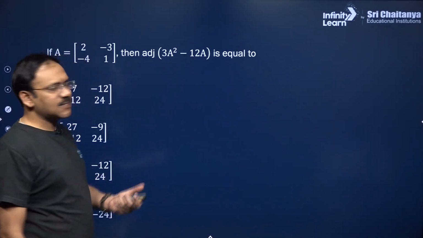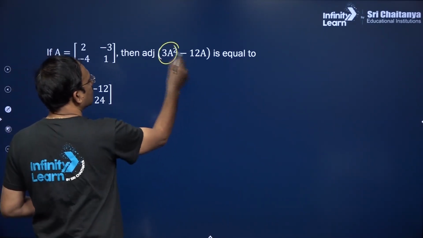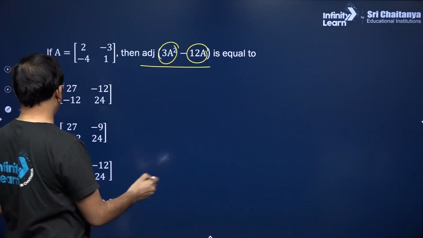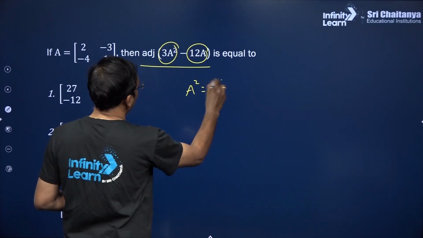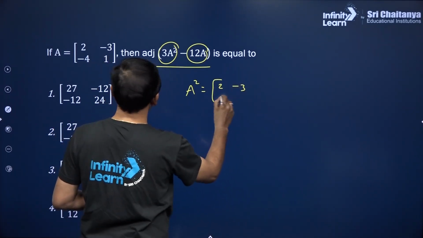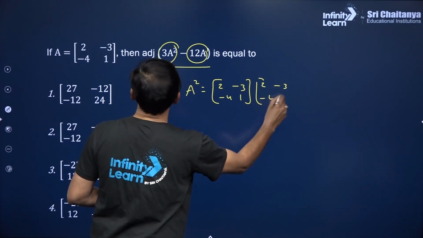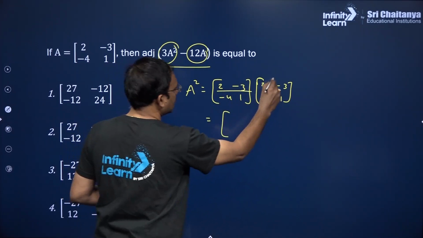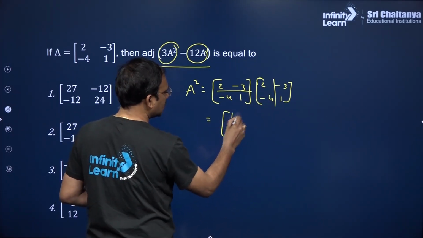Next, see, this is a simple working, my dear friends. A is given, you just find 3A square, 12A, then adjoint, right? It is simple, my dear friends. You see, A square you can find, I don't think you require this simplification here. This is first row first column, 4 plus 12, which is 16.